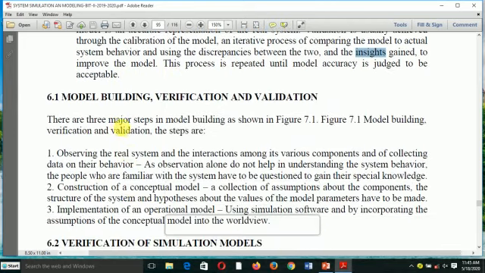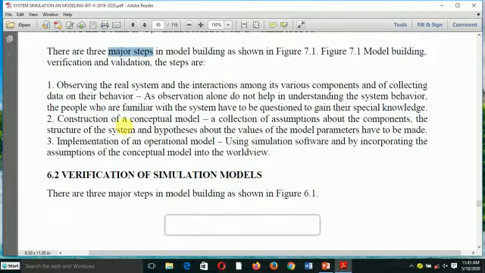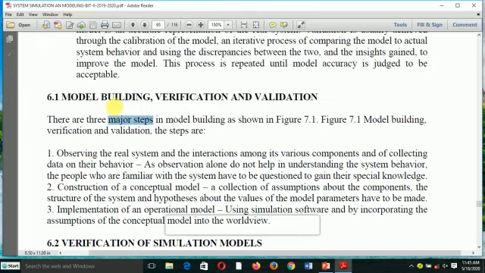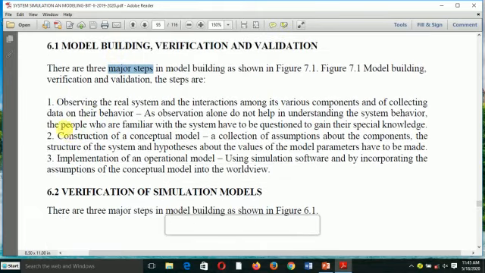So we're going to see what is called model building, verification, and validation. Here we are going to have 3 major steps. What are these in model building, verification, and validation? We are going to observe the real system and the interaction among its various components, and collect data on the behavior. We observe the bank.